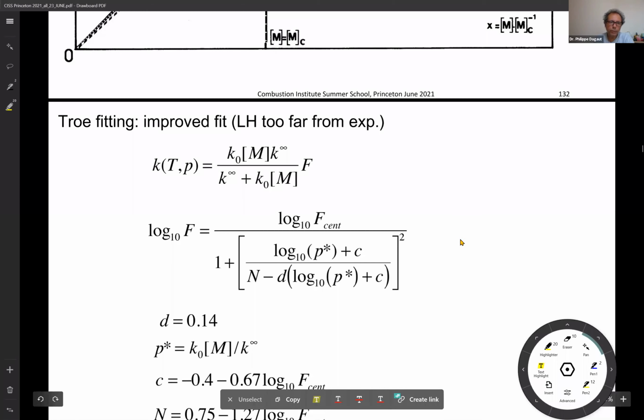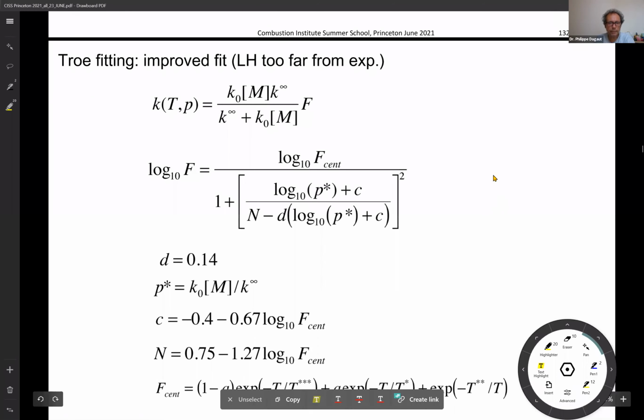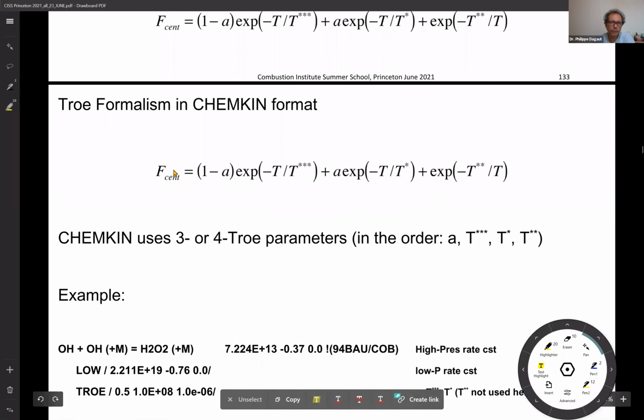I won't go into details, but this is implemented in Chemkin, and they are using this correction factor F with these three parameters: T triple star, T single star, and T double star, and this A factor here.